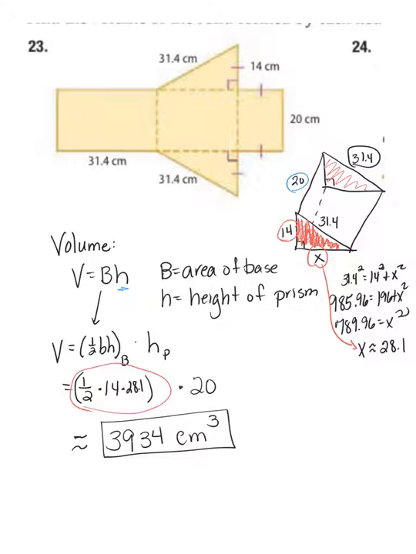Okay? So to kind of recap this one for you, we fold up the box to see what type of shape it forms. And it forms this shape here. By seeing what kind of shape we have, the prism, not only do we know which formula to use, that the volume is the area of the base times the height, but it also allows me to pick out what the bases are for this prism, and they are the two right triangles.